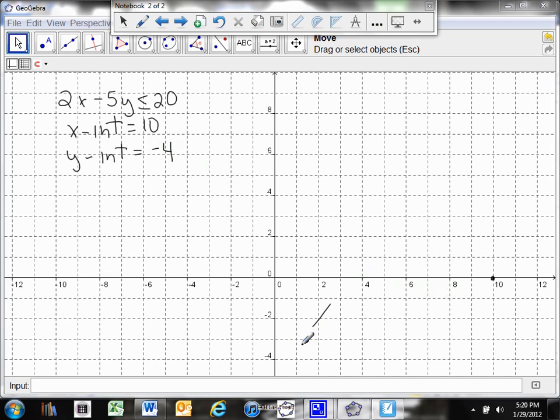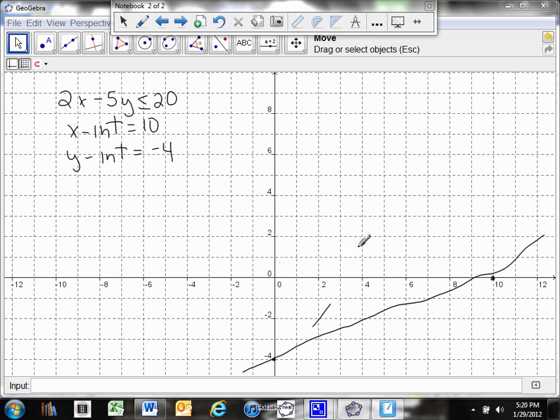I'd put a dot at -4. And I would take a ruler, which is better than what I'm doing, and very carefully draw the line that goes from -4 to 10. Like I said, you take your ruler and do it.